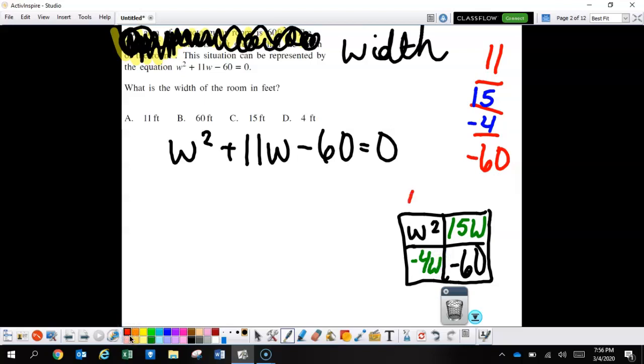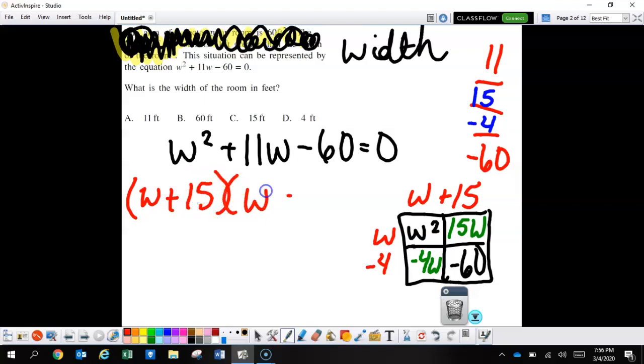So w squared is w times w. What times w gives me 15w? That'd be 15. What times w gives me negative 4w? So this equation factors out to be w plus 15 times w minus 4 equals 0. Now, I hope you didn't forget, because these are not the solutions, right? These are just the factors. To get the solutions, we have to set both factors equal to 0.